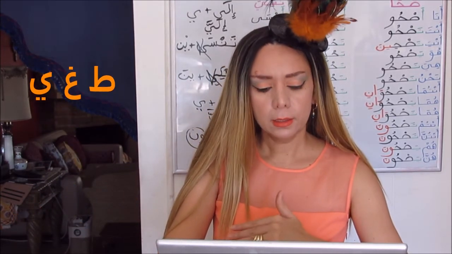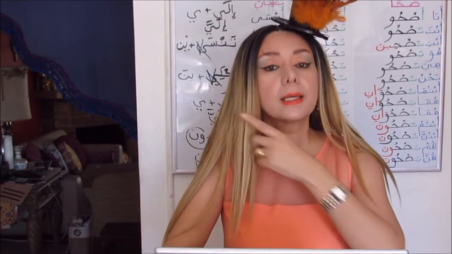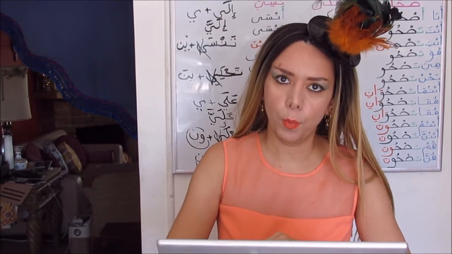Care for, watch over, protect. You may also encounter طغى, يطغى, from the root ta, غين, ya, to go beyond the limits, or become unrestricted or tyrannical. These verbs are dominant in classical texts mostly.